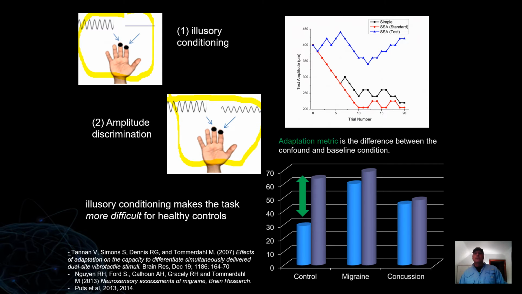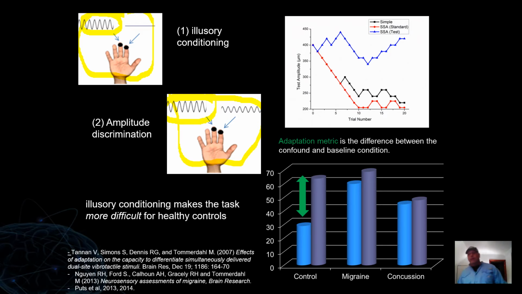What we do is we stimulate one of the fingertips, one of the digit tips, and that is going to make this stimulus feel much, much smaller. Now, when you make that stimulus feel smaller, it's going to be much harder to tell the difference between the large stimulus and the small stimulus.